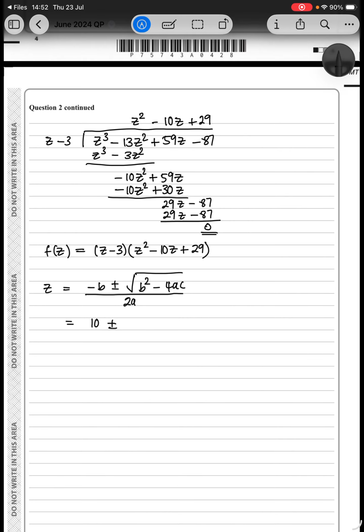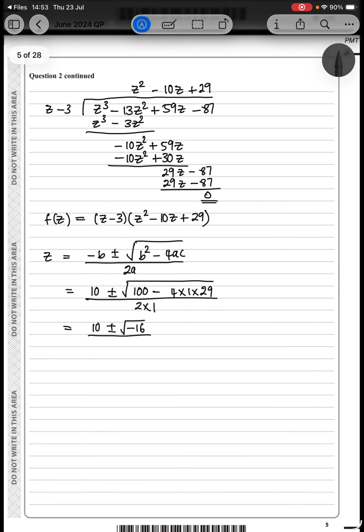Plus or minus the square root of 10 squared, that is 100, minus 4 times a, which is 1, times c, which is 29, over 2 times 1. This gives us 100 minus 4 times 29, that is minus 16, divided by 2.